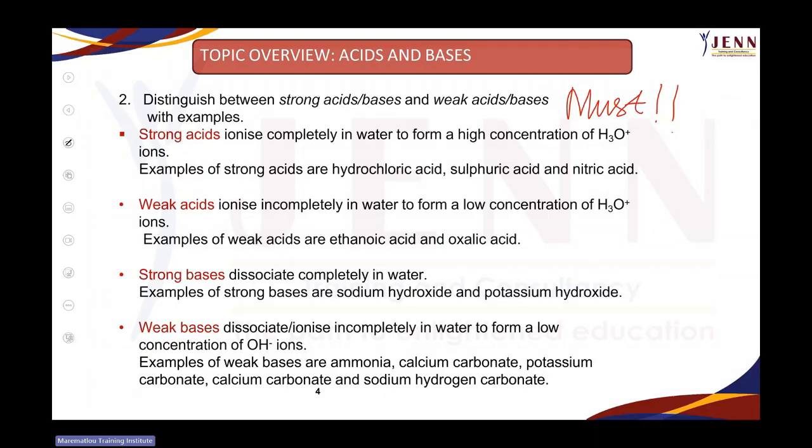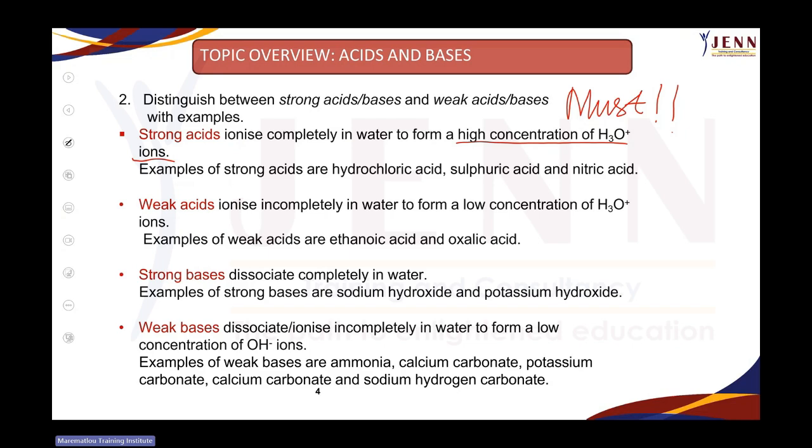There is one thing that learners always forget to put in their definition, and that is to produce a high concentration of hydronium ions. Please don't forget that. You will lose marks unnecessarily.